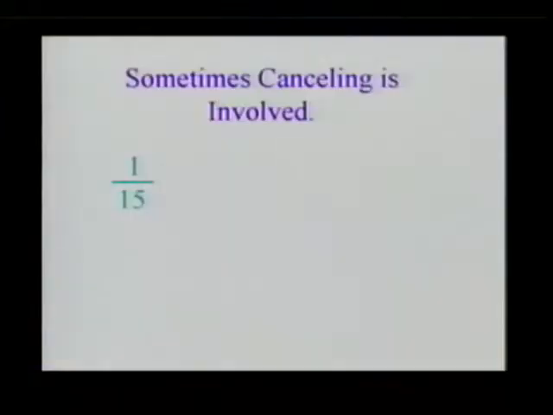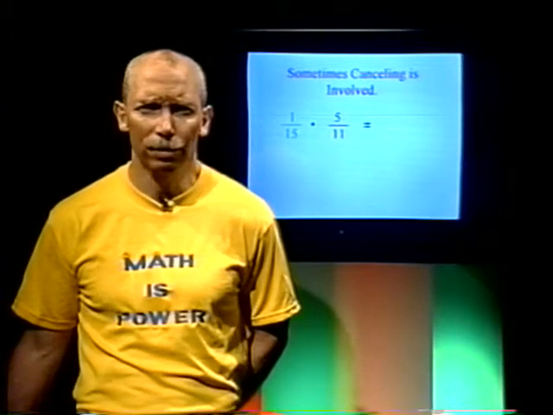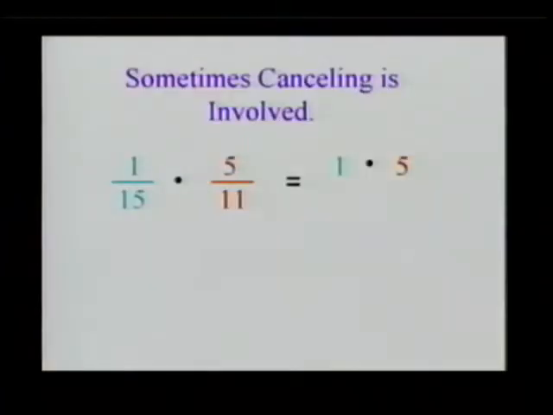Well, should anything change? Sometimes you have to cancel. Let's take a look at another example. 1/15 times 5/11. Now, we could do our multiplication, but I always suggest, if there is canceling involved, let's do that first so we don't get high numbers. 1 times 5 and 15 times 11.